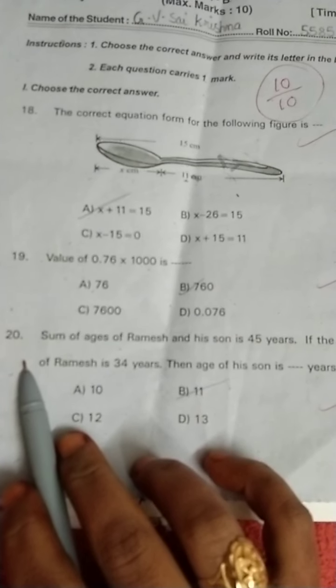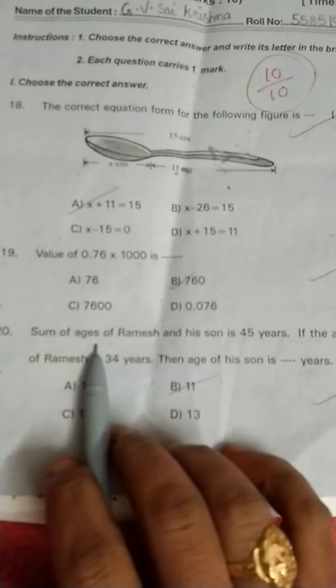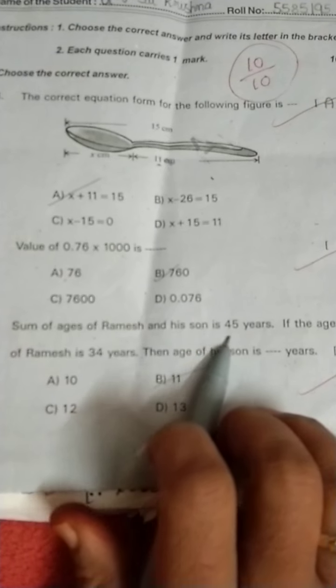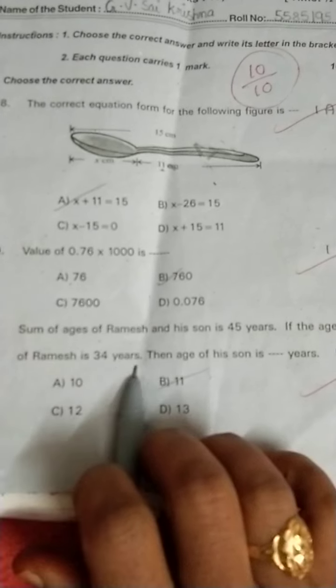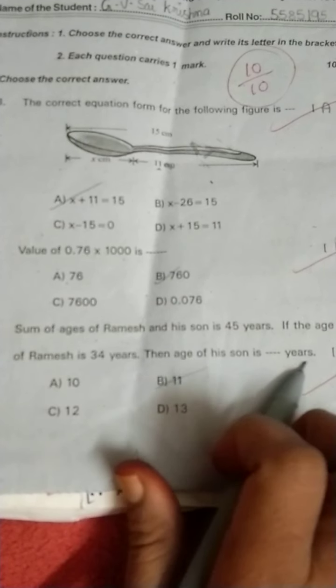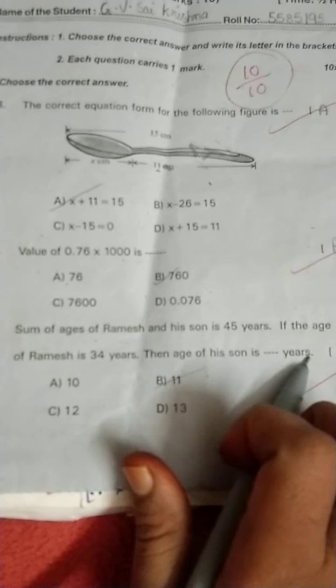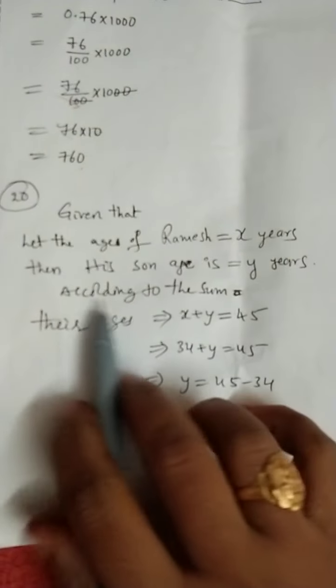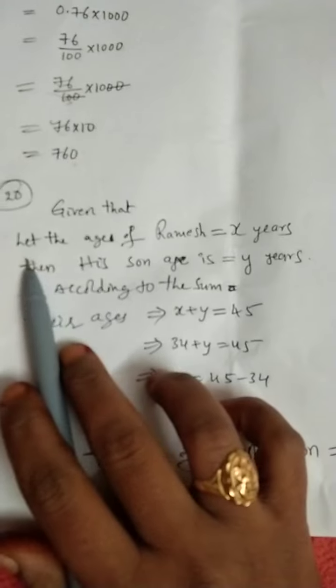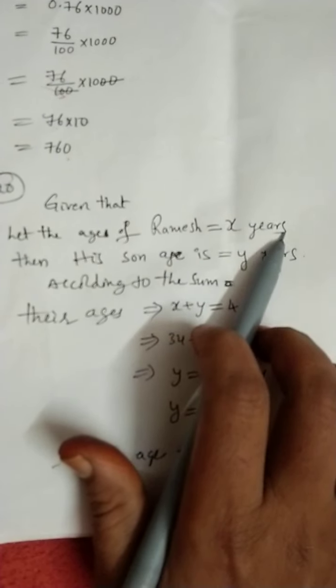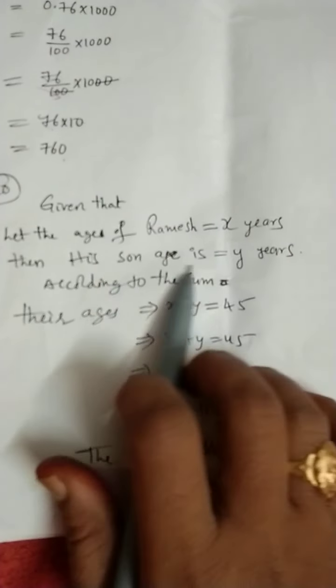Now next question: the sum of the ages of Ramesh and his son is 45 years. If the age of Ramesh is 34 years, then the age of his son is how many years? Very simple. This also we should write the solution, then only we get the answer. Let the age of Ramesh be x years and his son's age be y years.